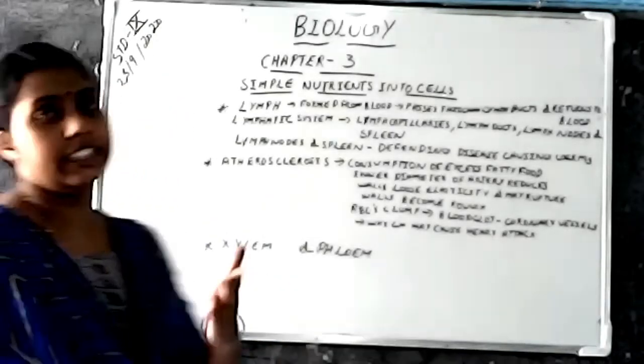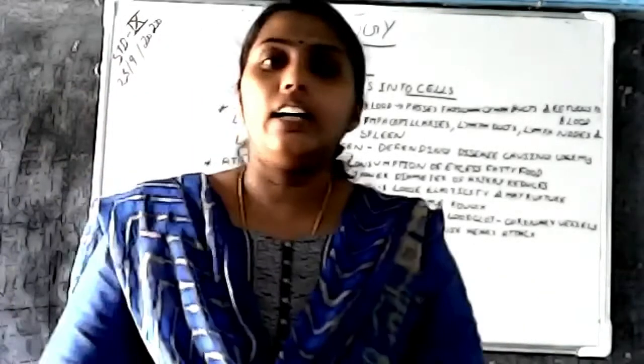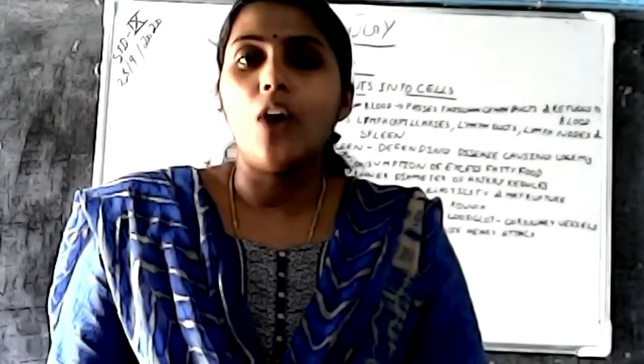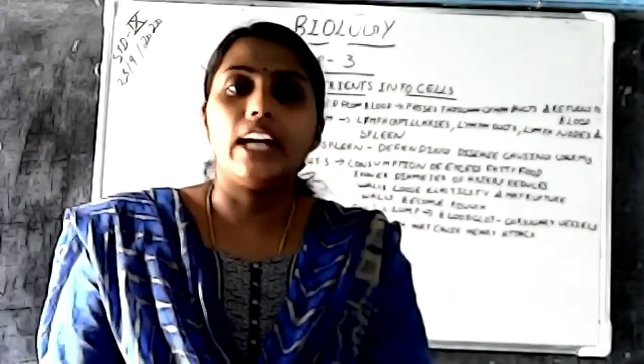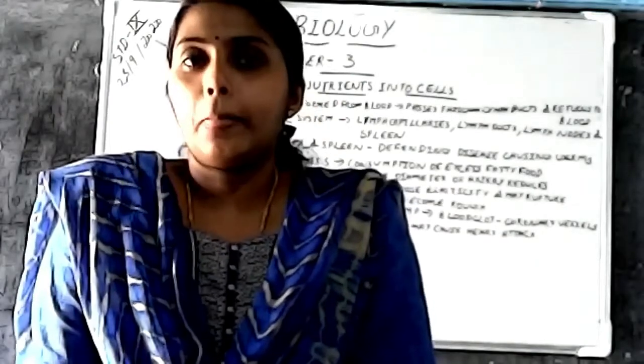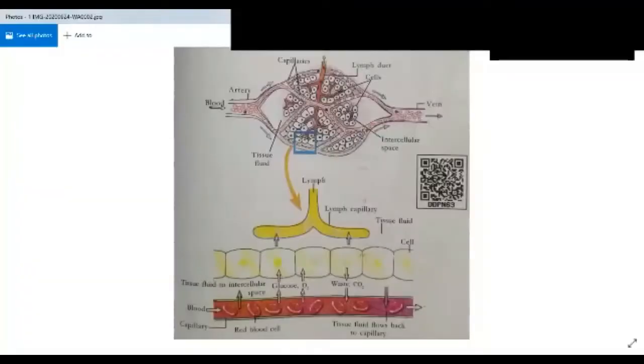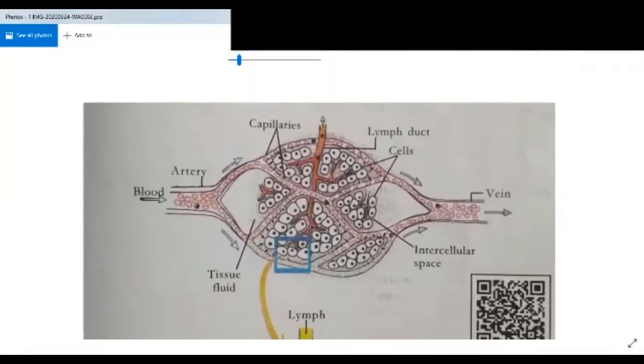Now we can see the formation of lymph and how the exchange of materials happens between the intercellular fluid and the lymph. Here you can see tissue fluid in the lower part of this picture, in the intercellular space, and the exchange of materials between the cell and tissue fluid.